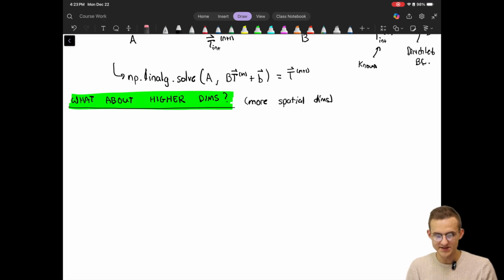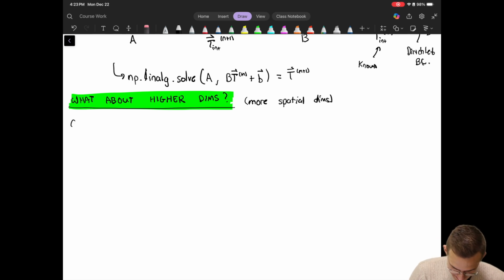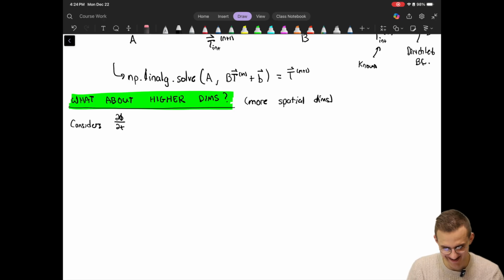Long story short is that the extension to higher dimensions pretty much works like you would guess it would, and I know that might sound a little trite, but once I start explaining this to you and putting it forward, you'll be like, oh, okay, yeah, that makes sense. Assuming everything up to this point has made sense, which may or may not.